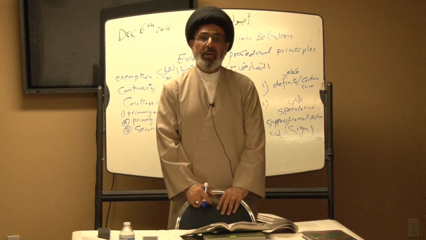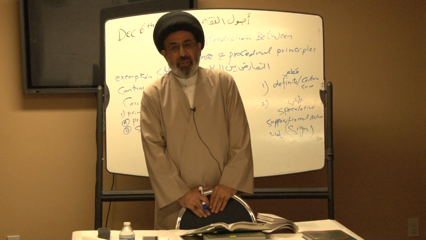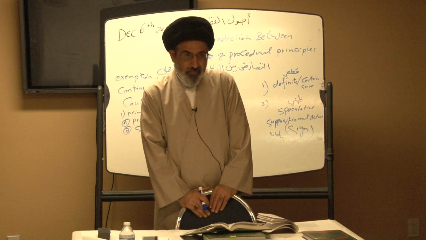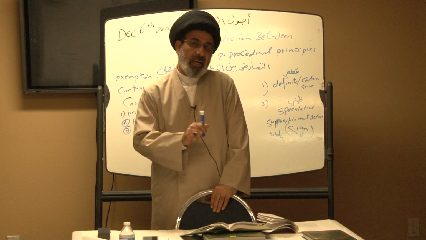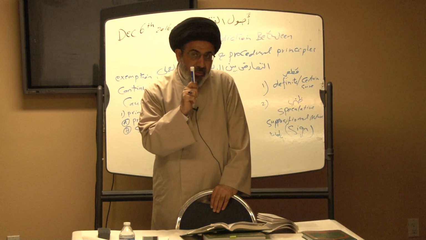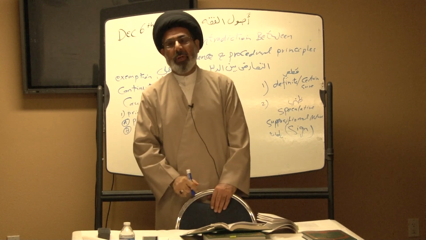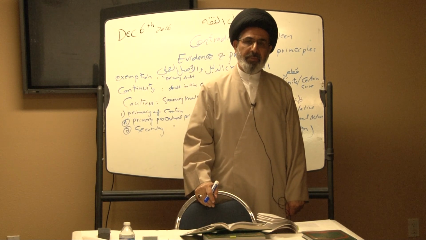And then we come to the second type of conflict, which is between the evidence and the procedural principles, al-usul al-amaliyya. And we say that definitely which one takes precedence?